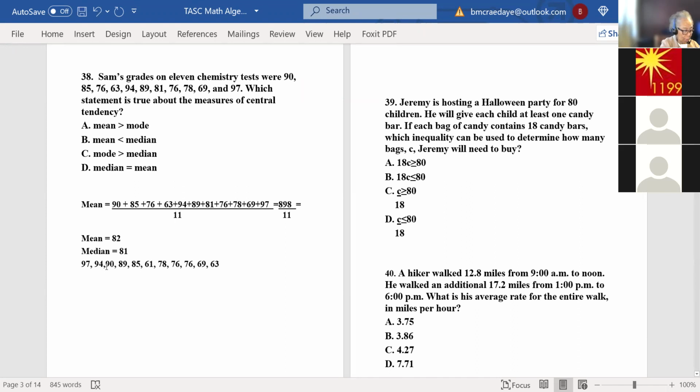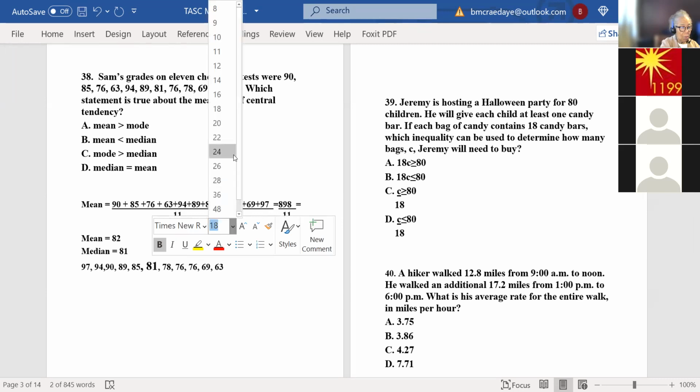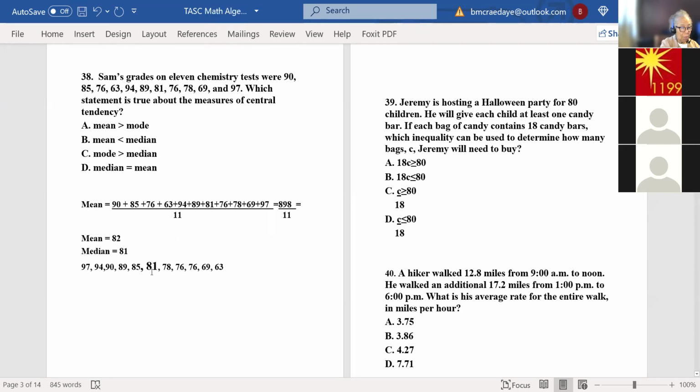Let's see, 89, 85, 81, 78, 76, 76, 69, 73. So this one is the median. Okay, so there's your median right here. One up, one in the middle.